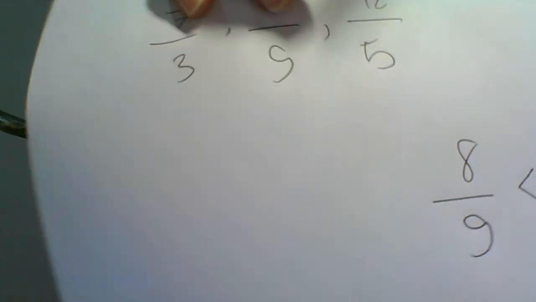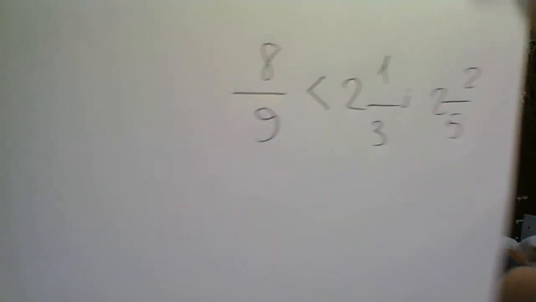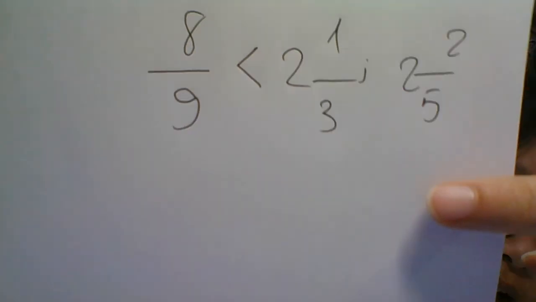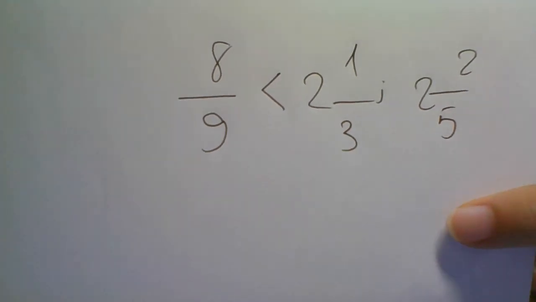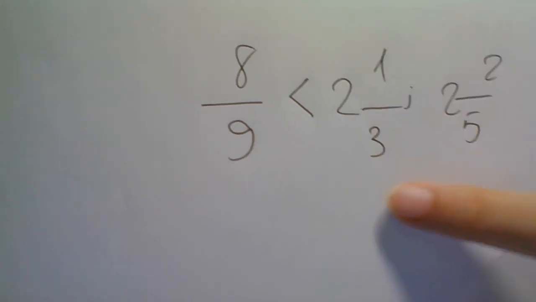This is the problem right here, and this is what I just wrote. You can see here that 8 over 9 is smaller than both of these numbers. So you can already know that it is the smallest number, so you can just write 8 over 9 as the first number in the ordering.